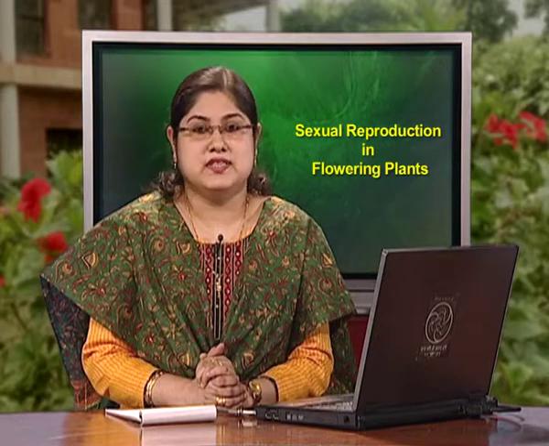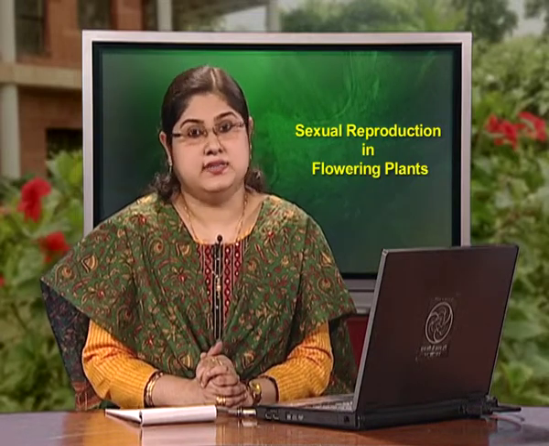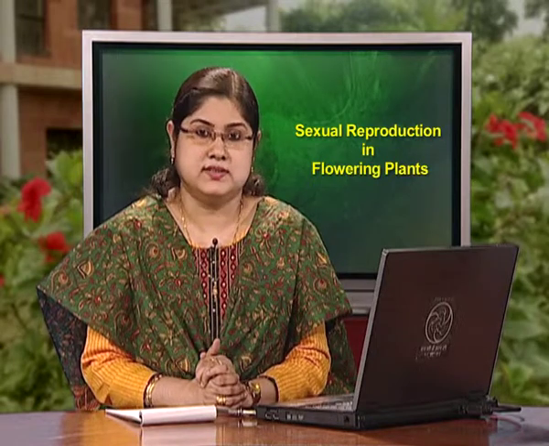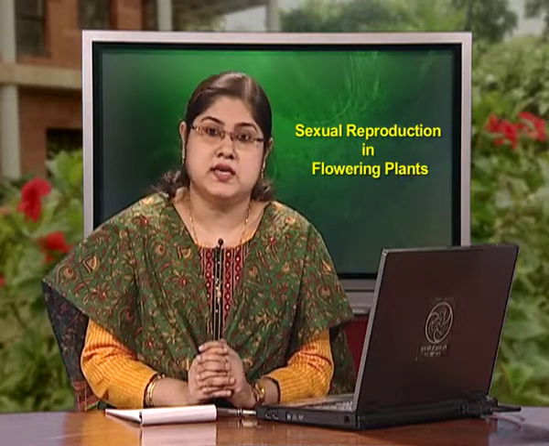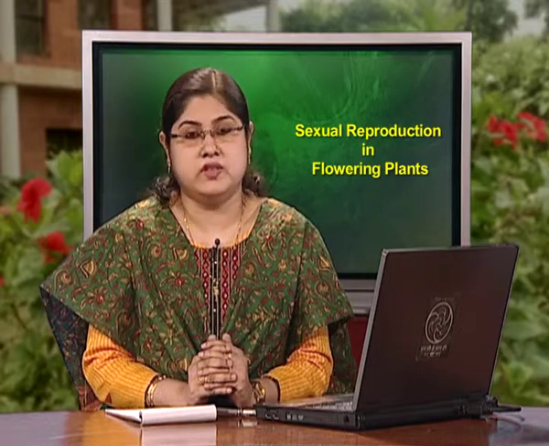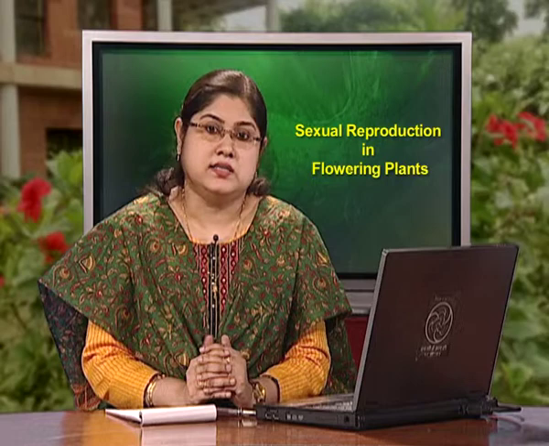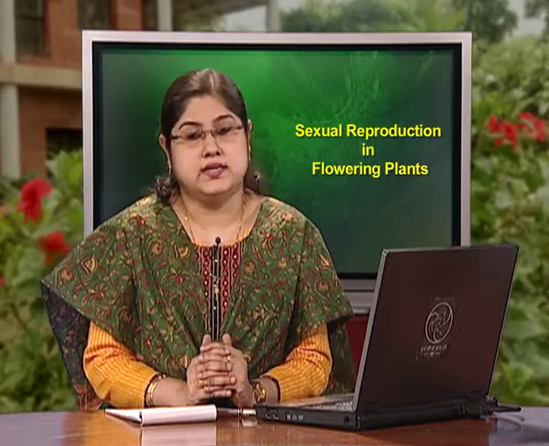So friends, with this we have come to the end of the second part of this lesson on sexual reproduction of flowering plants. Here we have discussed the structure and development of the megasporangium or the ovules and the embryo sac along with its types.